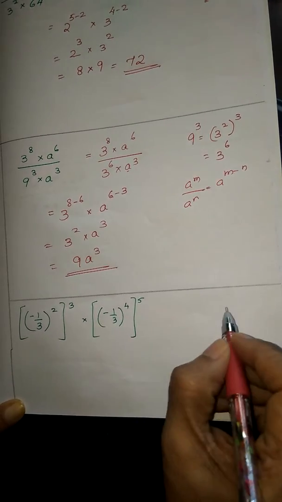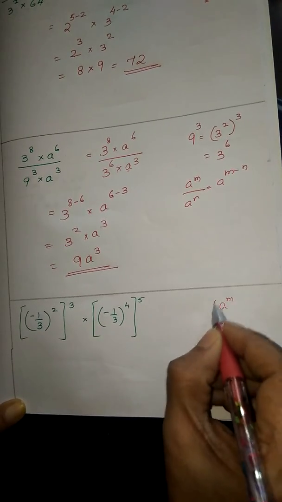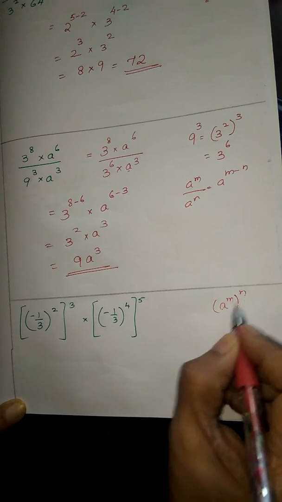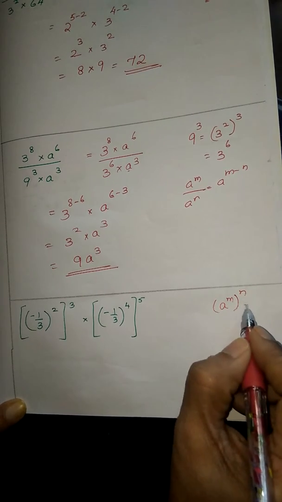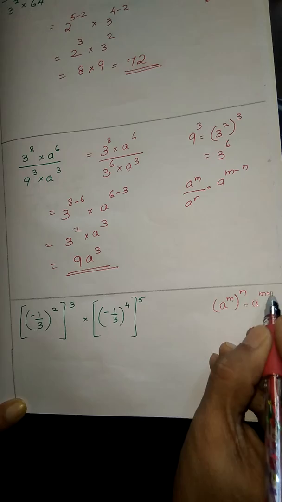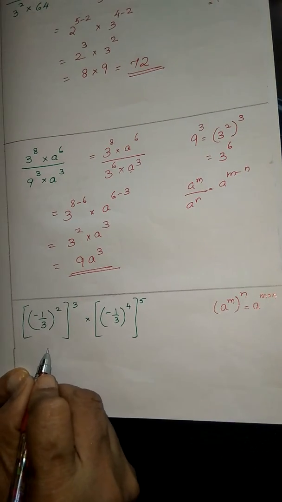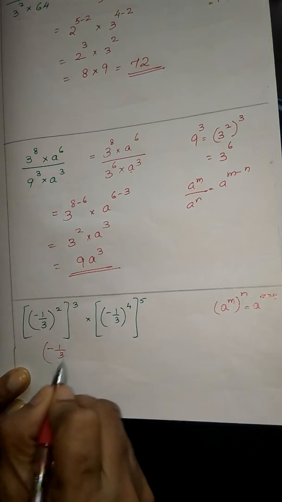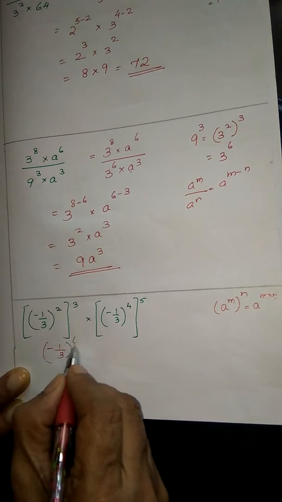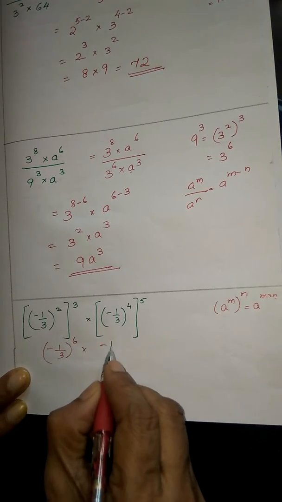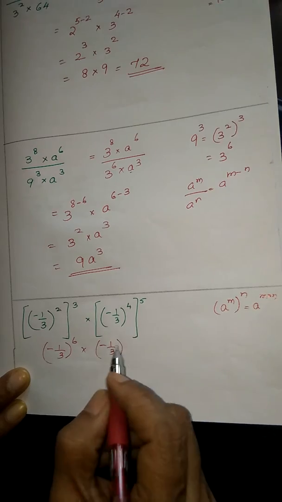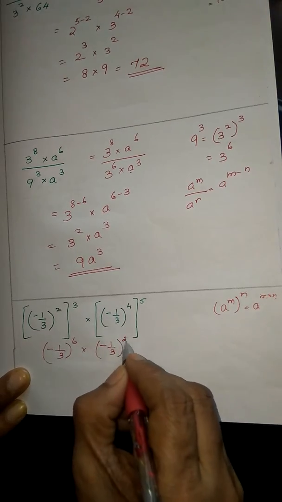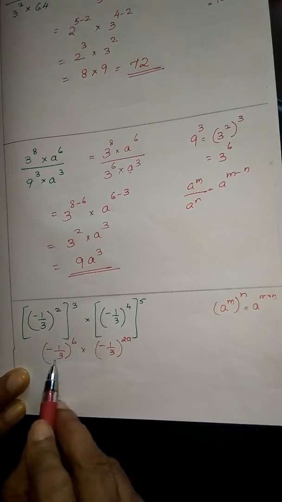Now for this problem, we can use a to the power of m whole to the power of n is equal to a to the power of m into n. So this is minus 1 by 3 whole to the power of 2 into 3, 6, into minus 1 by 3 the whole to the power of 4 into 5, 20. Now if you see here the bases are same.